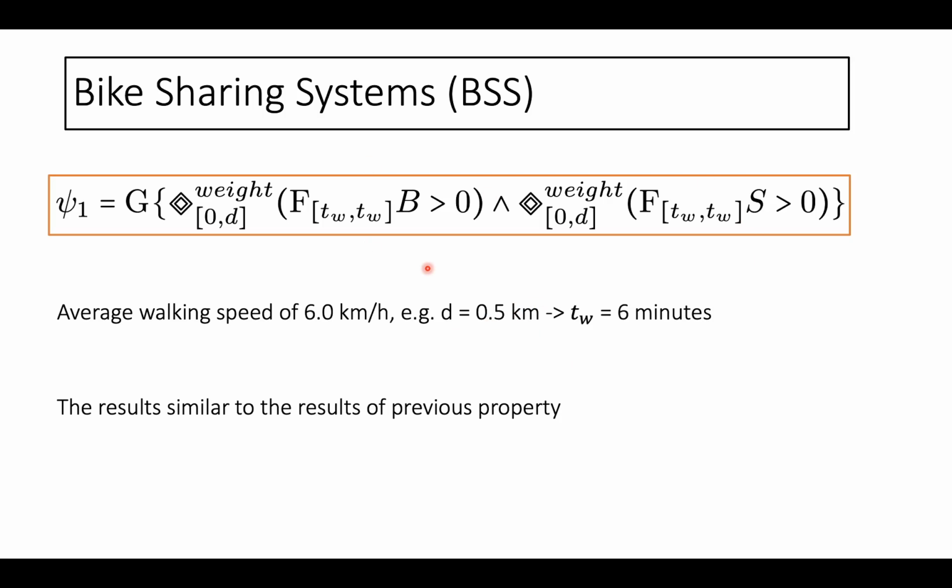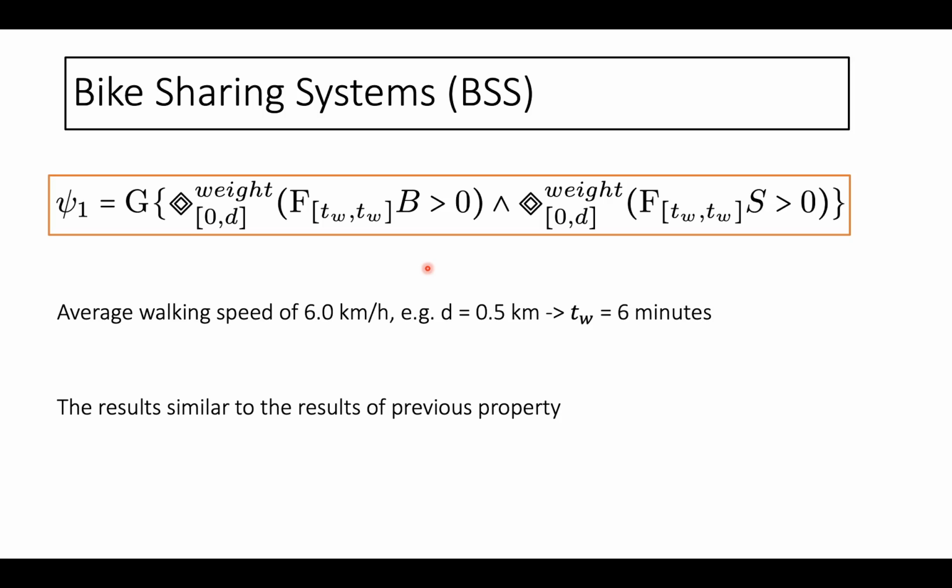But for sure it needs a certain time to go from his position to that station, and it could be that in the walking time while he's arriving there will be no more bike or no more slot.